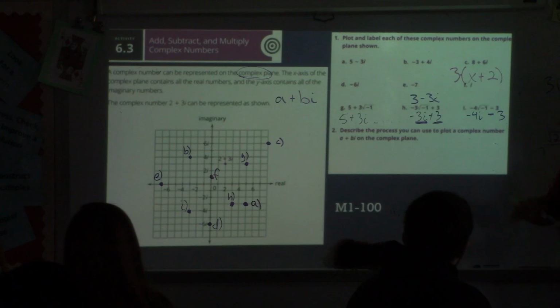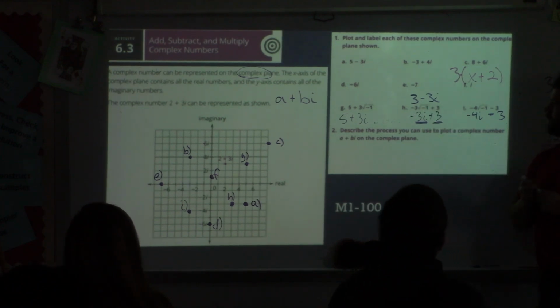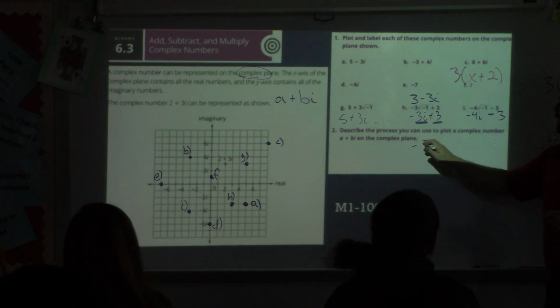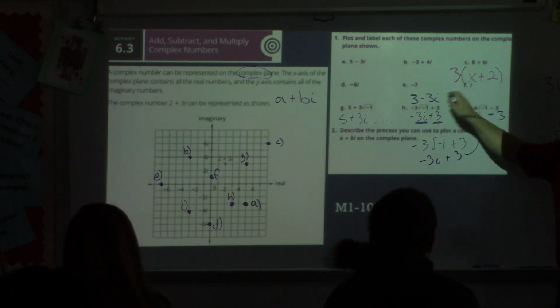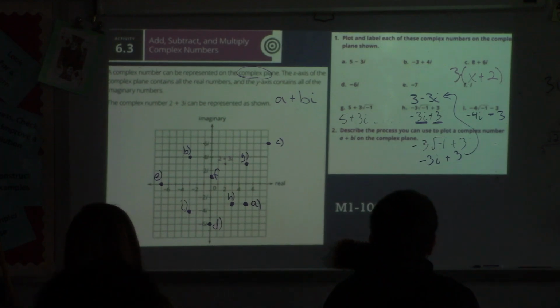Well, because that's what was already there. Negative 3, square root negative 1 plus 3. I first rewrote that as negative 3i plus 3, but notice I literally then rewrote it as 3 minus 3i. It's a positive 3, that's my real, and then the imaginary is a negative 3, so positive 3 minus 3i. Does that make sense? Okay. So real then imaginary. So I rewrote it there eventually.